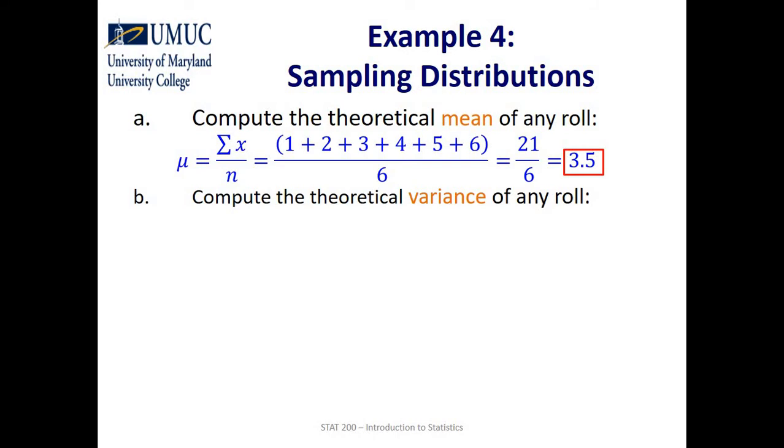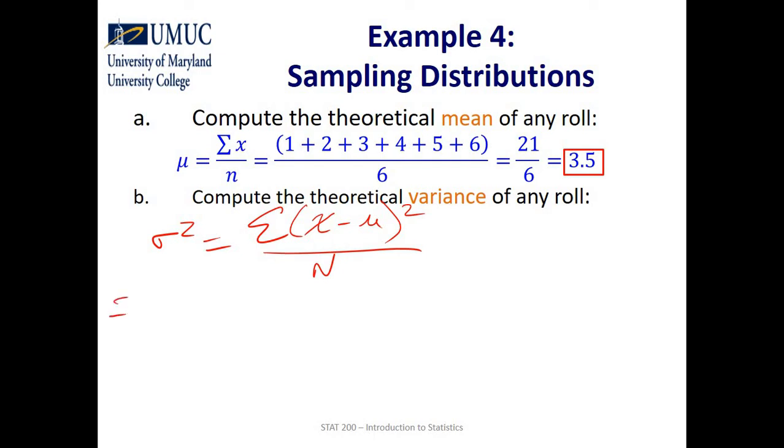Now we're going to compute the theoretical variance for any roll. Sigma squared, remember the variance equation? It's the summation of x minus the mean squared divided by n. Okay, so what do we have here?